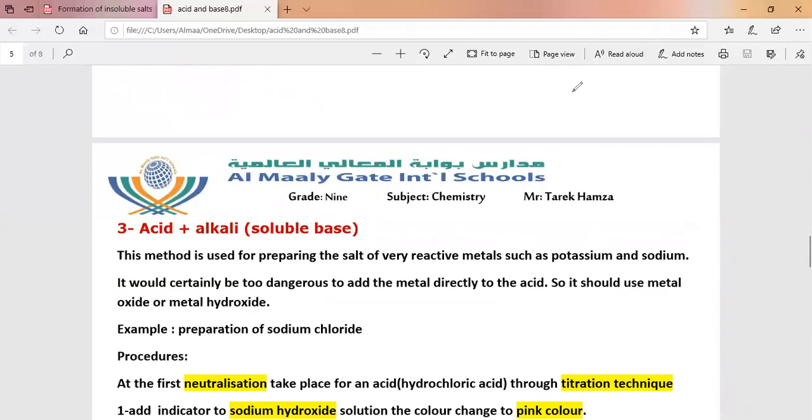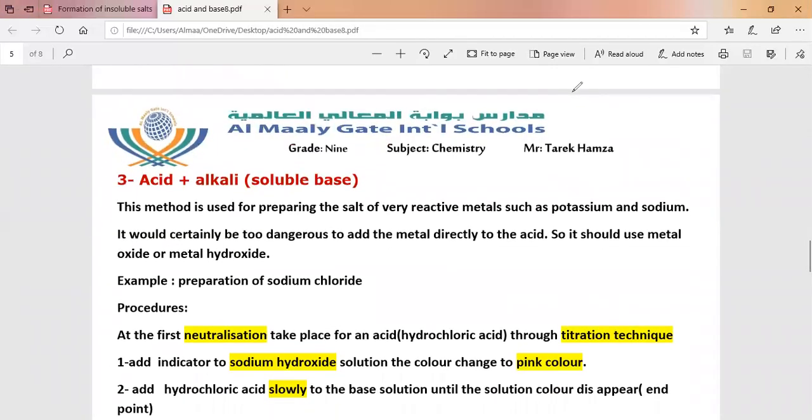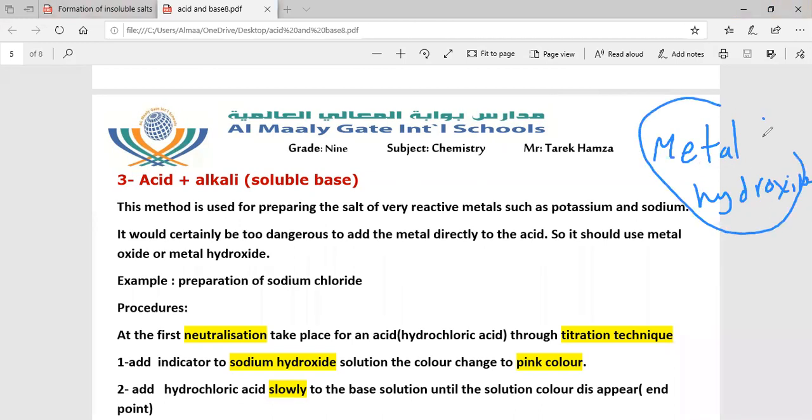The third method, acid with soluble base. The soluble base here is metal hydroxide. At first, we should make a neutralization of the acid.